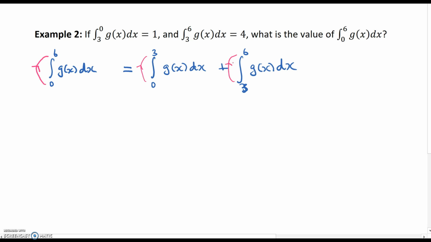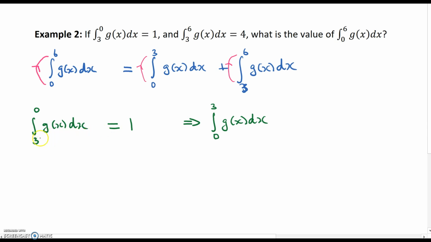Okay, well, if we know that, what we can write is the integral from 3 to 0 of g of x dx is equal to 1. Well, one of the rules of definite integration is that if we reverse the limits, in other words, instead of going from 3 to 0, go from 0 to 3, we change the sign of the integral.